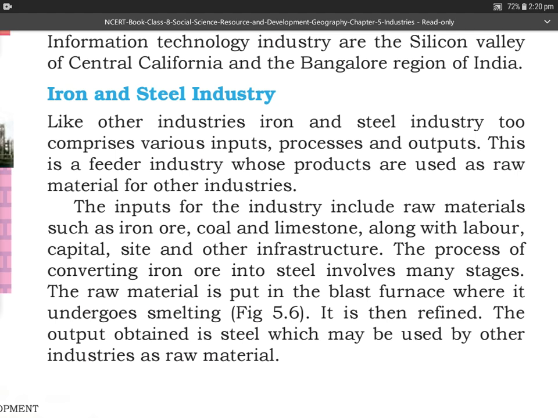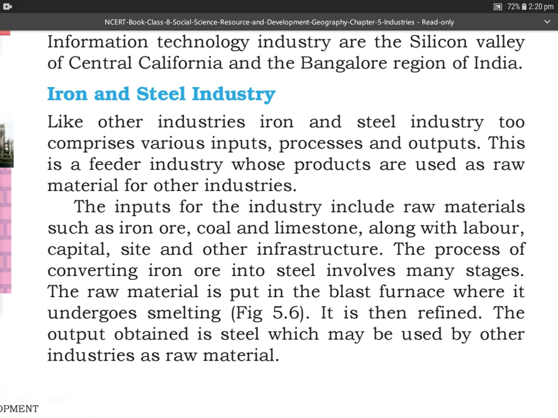The inputs for industries include raw materials such as iron ore, coal and limestone, along with labor, capital, site and other infrastructure. So basically, if we are thinking about iron and steel industries, what are the inputs? Iron ore, coal, limestone, labor, capital and other infrastructure.